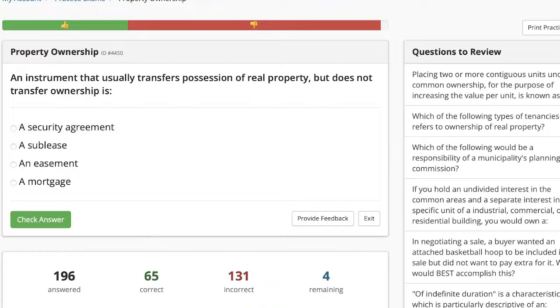For example, can you give me an example of real property that you can move? You just gave me an example of personal property that is immovable, like a dentist chair.